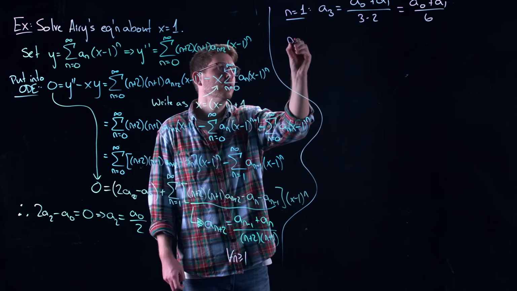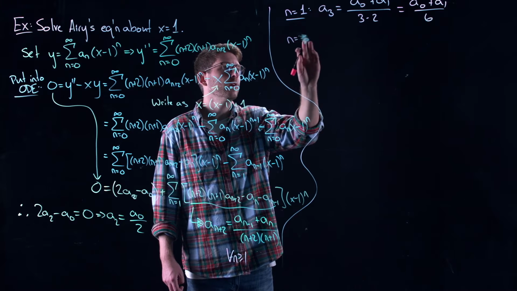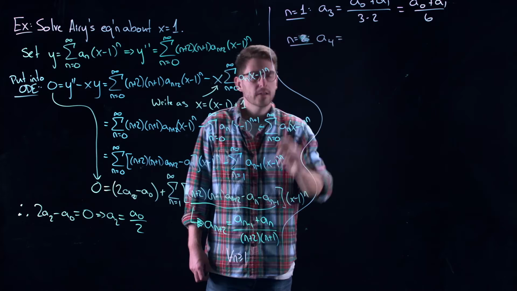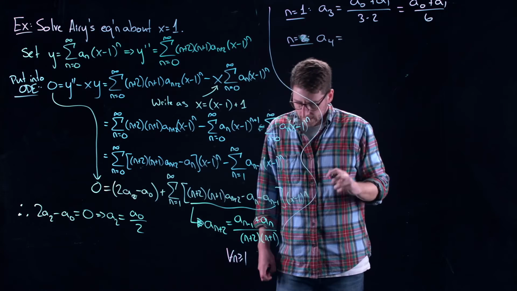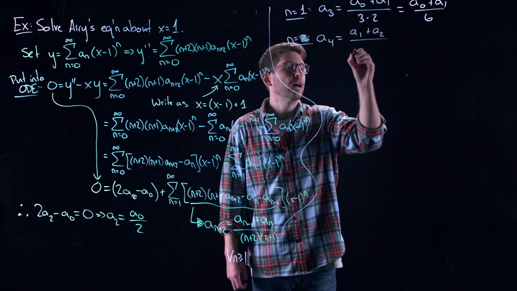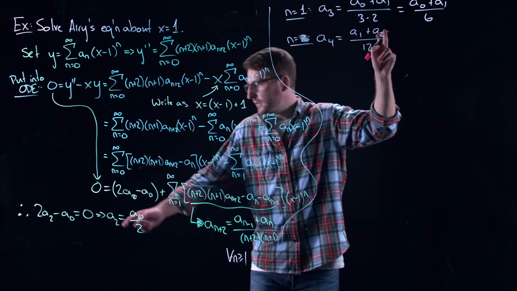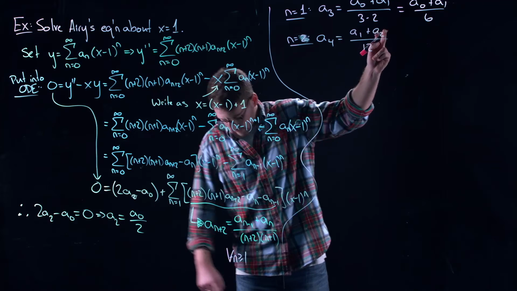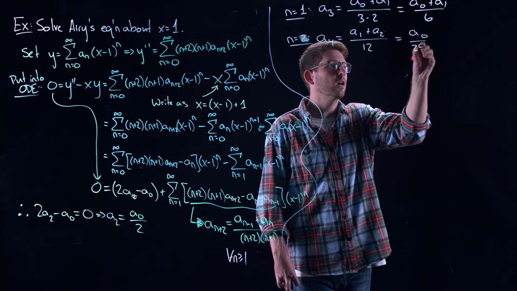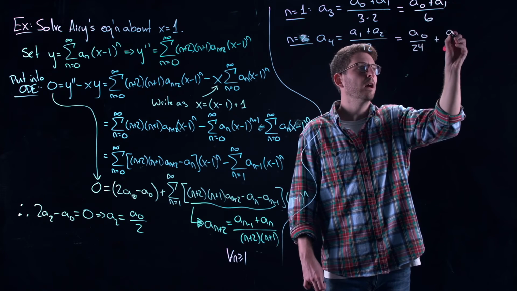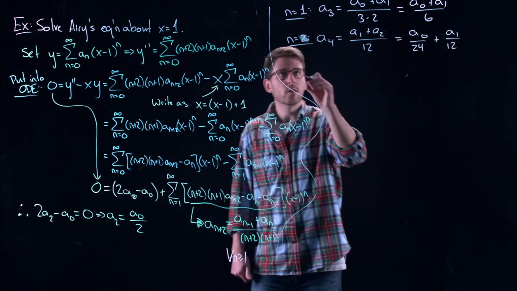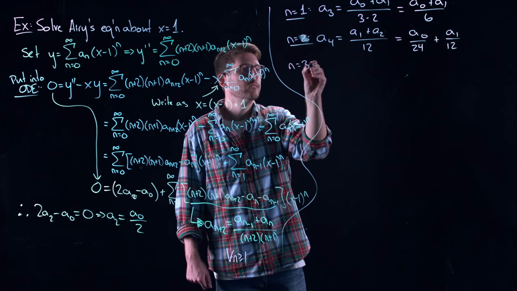Let's keep going. n equal to 2, pardon me. So I get a4, and this will now give me a1 plus a2, divided by 12. But I know what a2 is in terms of a0, so this gives me a0 over 24 plus a1 over 12. Let's keep going. Let's do another one. n equal to 3.